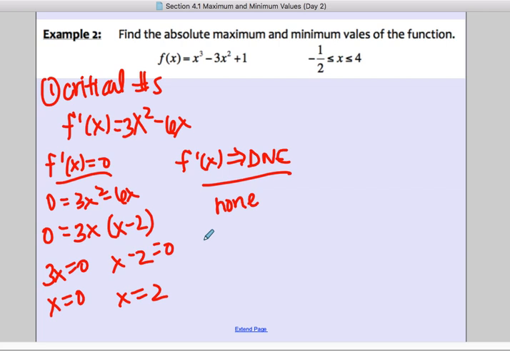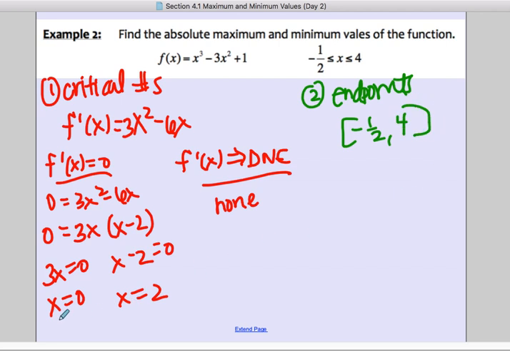Then we take our critical numbers and our endpoints, which in this case are -1/2 and 4. And we check, are these critical numbers in our interval? Is 0 in between -1/2 and 4? And is 2? Yes.